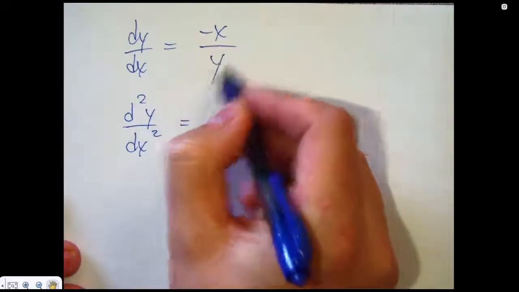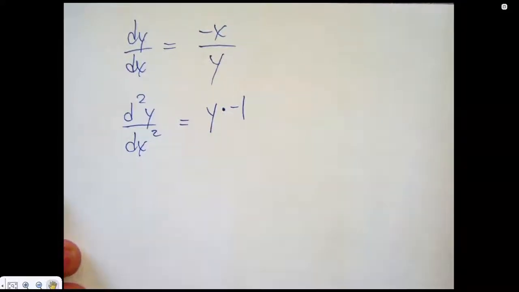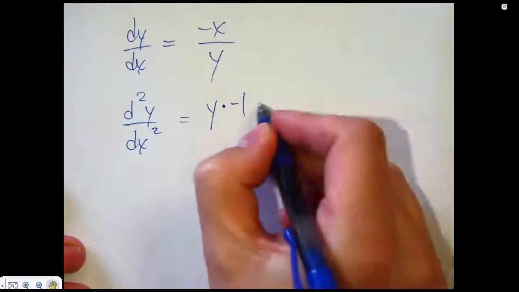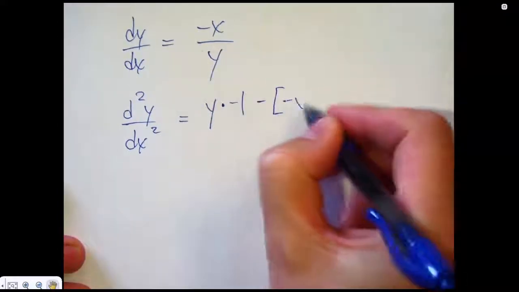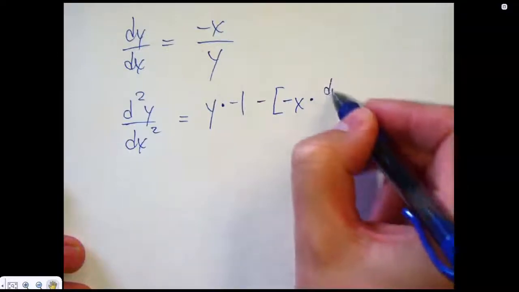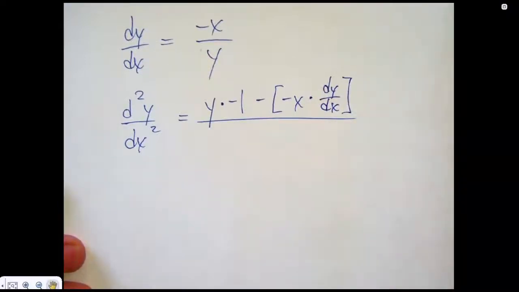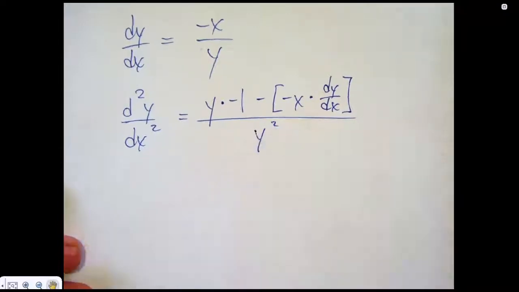So the quotient rule is the bottom times the derivative of the top, minus the top times the derivative of the bottom. So negative x times, well, what's the derivative of the bottom? dy dx, isn't it? Over the bottom squared. So y squared.